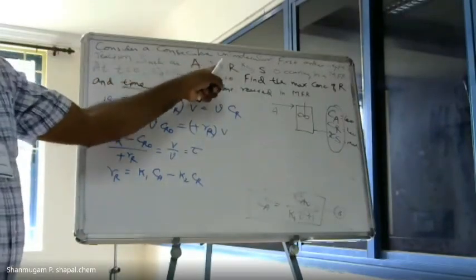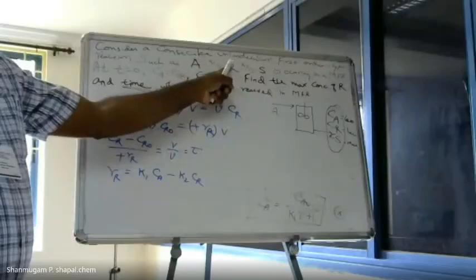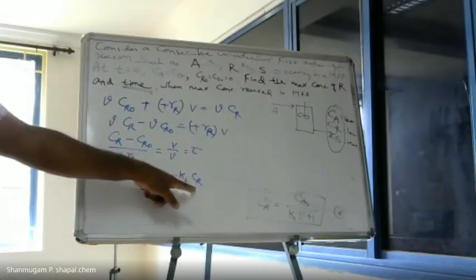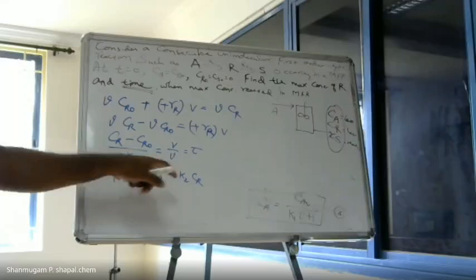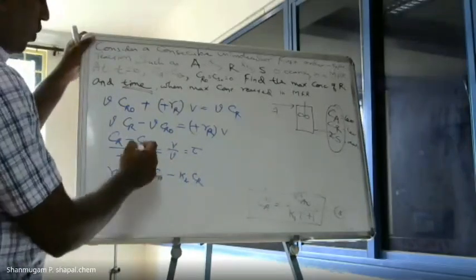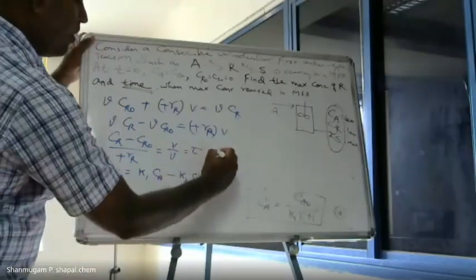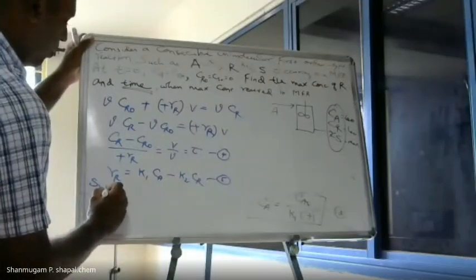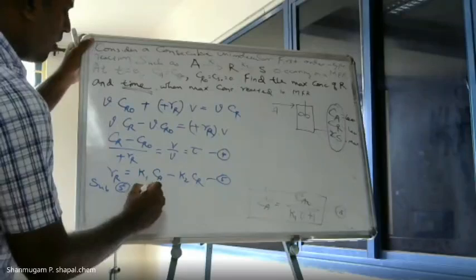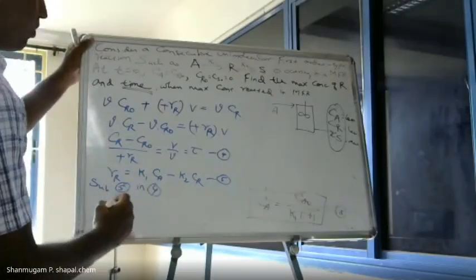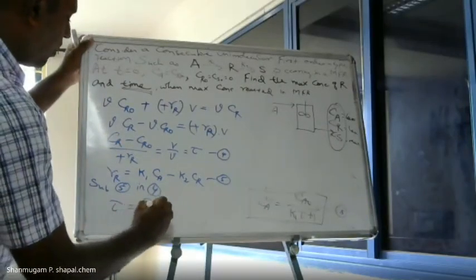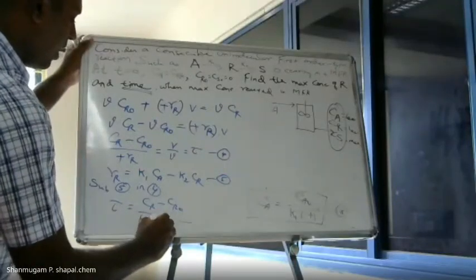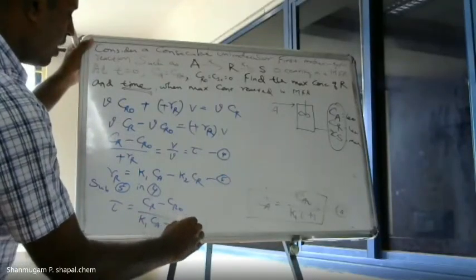K1 CA is the formation of R, and K2 CR is the disappearance of R. So you substitute this here. This is 4, this is 5. Substitute 5 in 4. So we get tau equal to CR minus CR naught by K1 CA minus K2 CR.